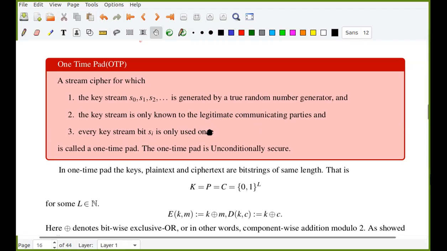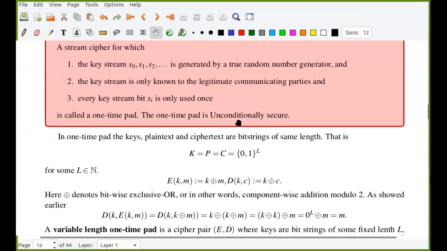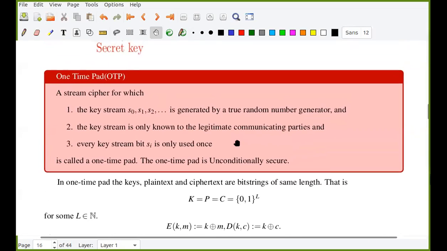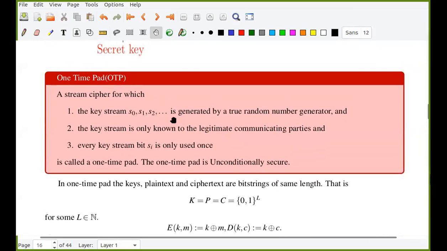Every key stream bit si is used only once. That is why it is called one-time pad, and the one-time pad is unconditionally secure. Why unconditionally secure? Your secret key is random, either 0 or 1, and if you use it only once, you generate it and share it, and then we add. Whatever the computational power of the opponent, it is very simple but very powerful.